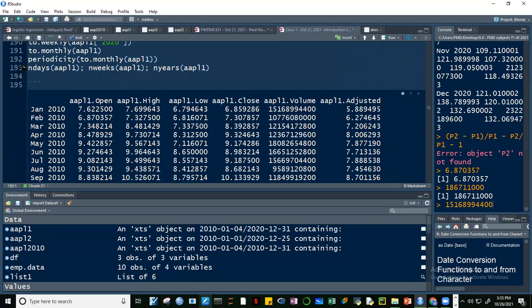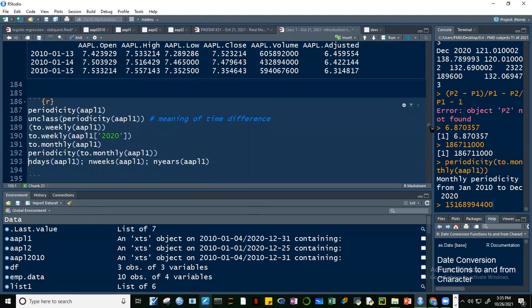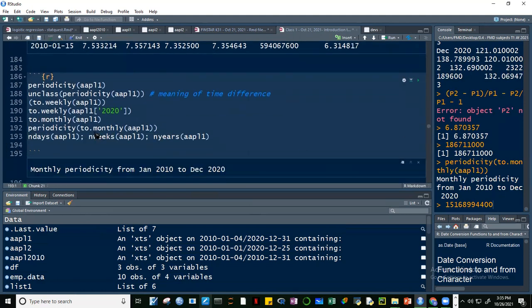Okay, then of course, the periodicity for the monthly should be monthly. There, monthly periodicity. And then, okay, and days, and weeks and years. This just tells us how many days all in all, how many weeks, and how many months, let's include that, AAPL1.